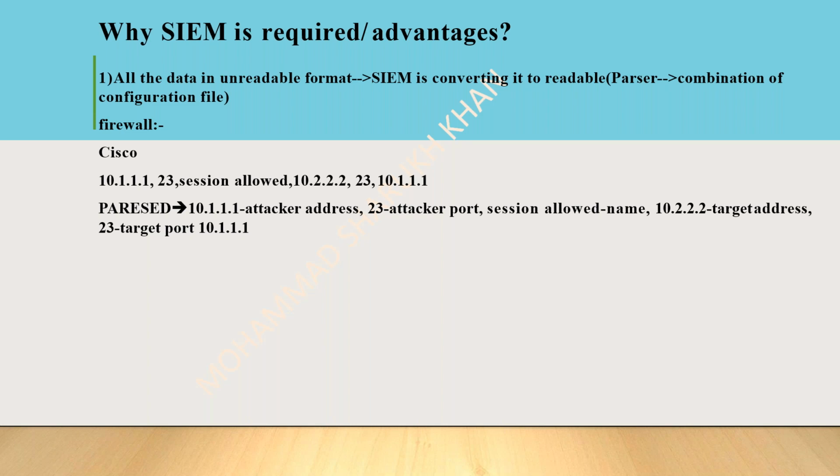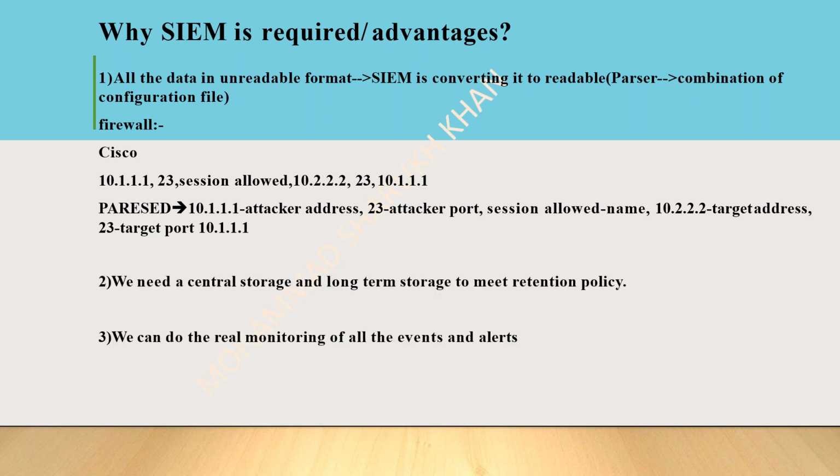Here you can see the first IP address is now tagged as the attacker address. The second value, 23, is now tagged as the attacker port. Similarly, all the values are tagged. Now I can see and understand this: an attacker is coming from this IP address, his port is this, the session was allowed on the firewall, and the target address was this. That's what SIEM is doing. It is tagging information. Just an easy example.